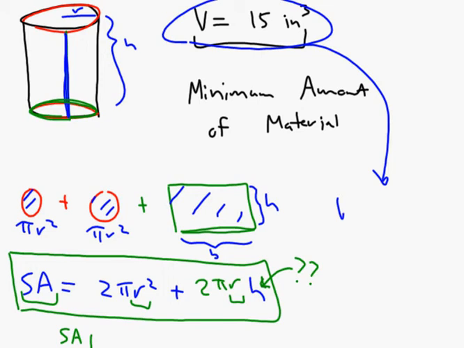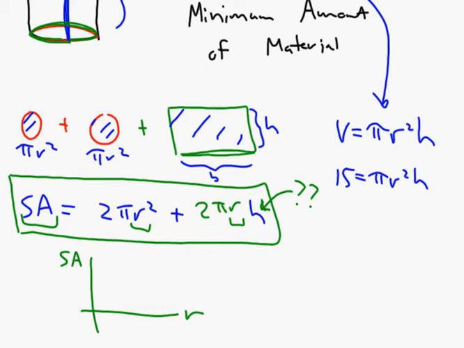And the volume of a cylinder is pi r squared h, a formula from your past. So we know that 15 equals pi r squared h. What we can do is solve it for h, and we get h equals 15 divided by pi r squared.